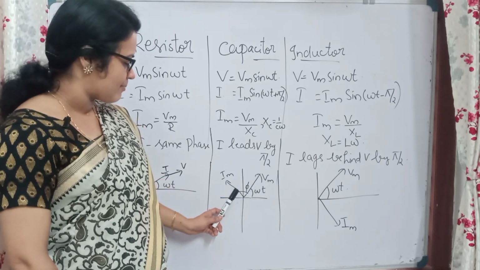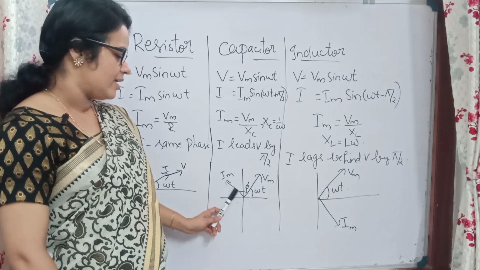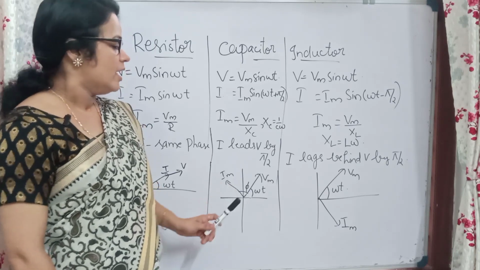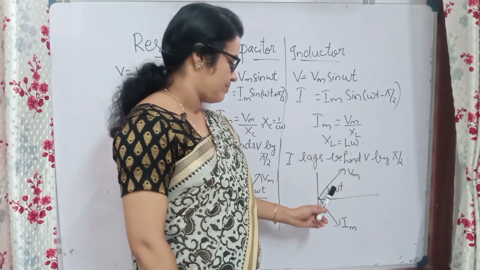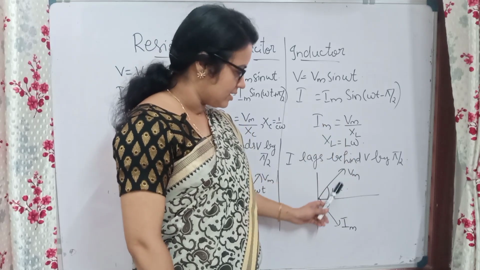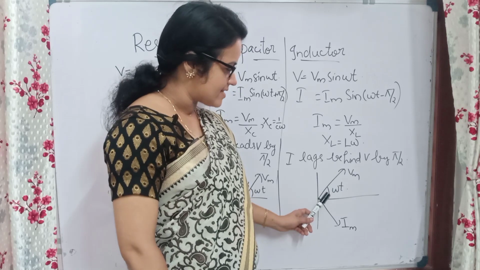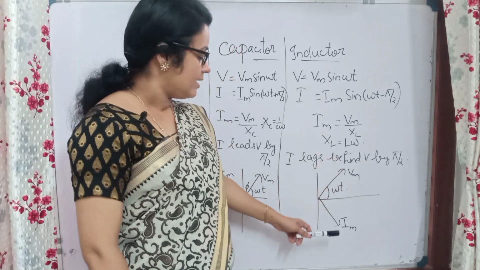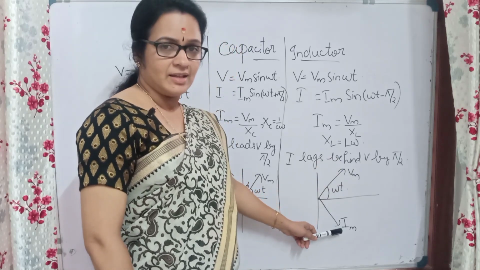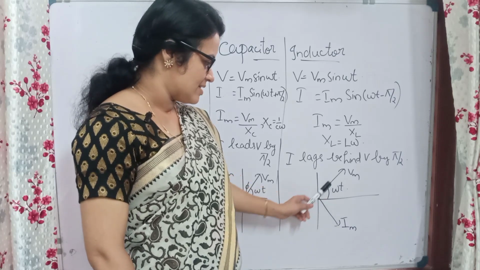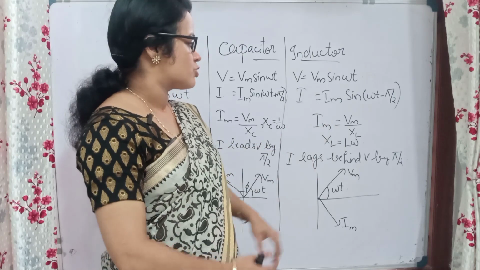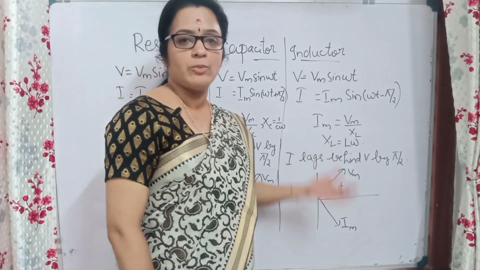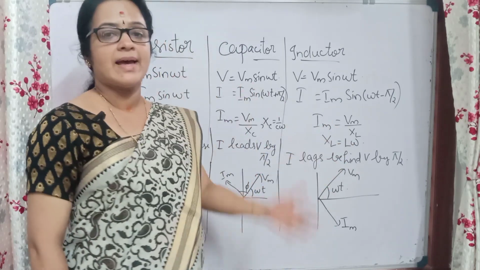In the case of inductor, current lags behind by pi by 2. So we have the voltage Vm at omega t, and the current will be lagging by an amount pi by 2. This difference is 90 degrees or pi by 2. That is how we can draw the phasor diagram of resistor, capacitor and inductor.